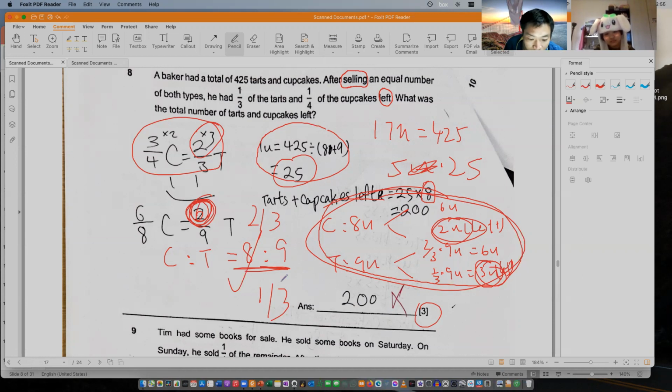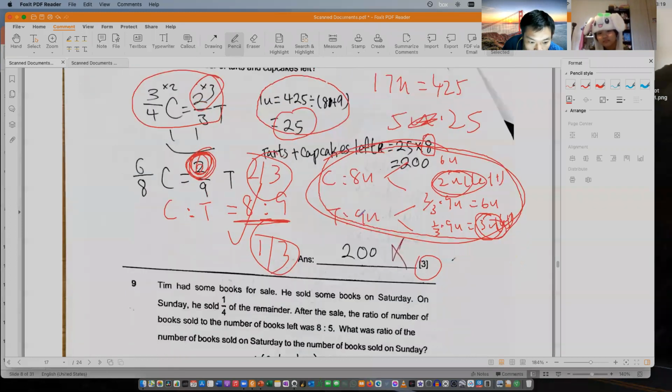Even if you get 1 or 2 out of 3, I'm still not happy because we have talked about this question and you did not use the right method. The word is very clear, selling, and the word here is very clear, left. So transaction, we use branching. Okay. Next.